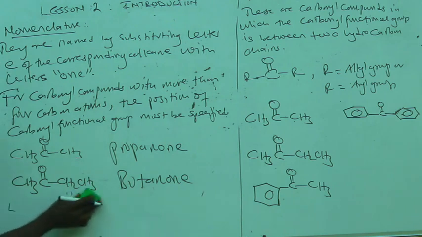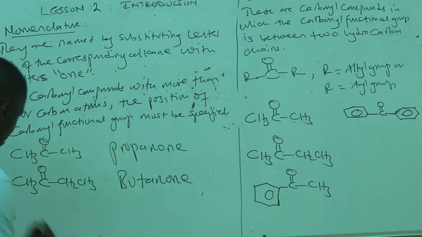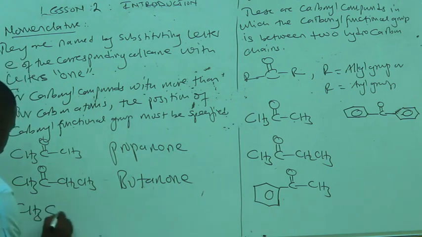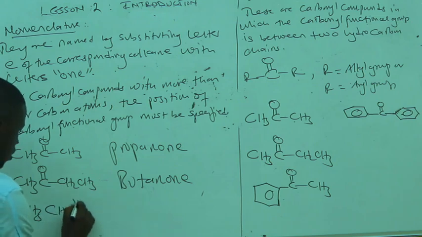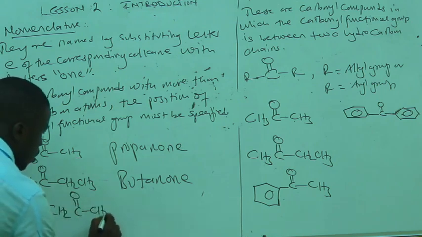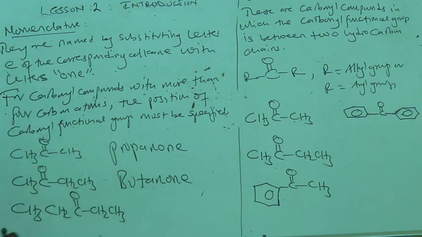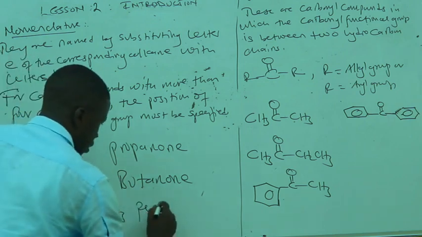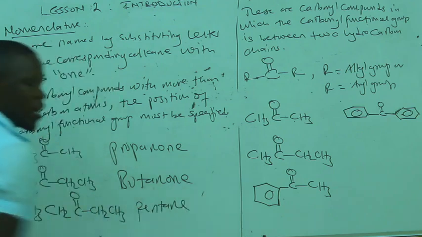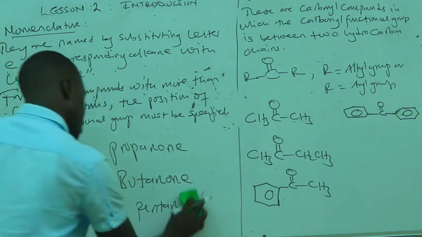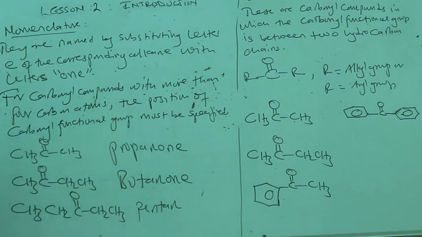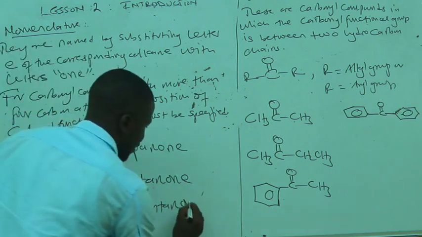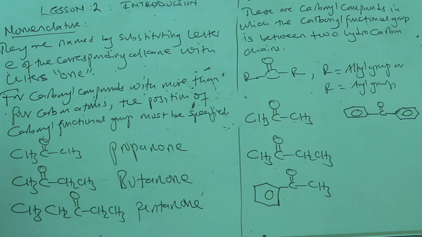And one more example, what if they were 5? If they were 5, this compound would be called pentane if it was an alkane. However, it is also a ketone, so it should be named pentanone. However, you have to locate the position of the functional group.